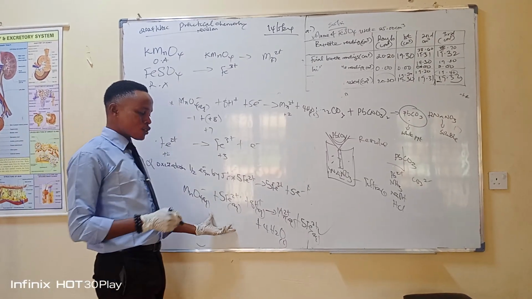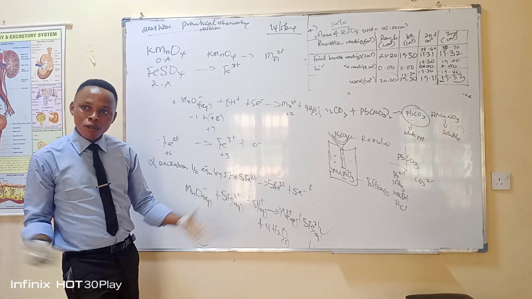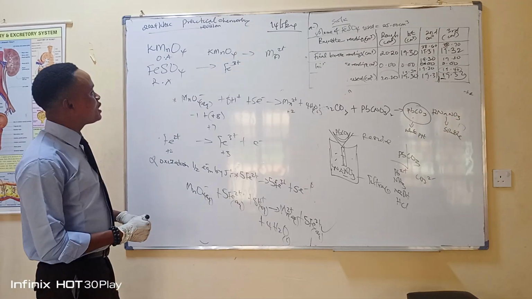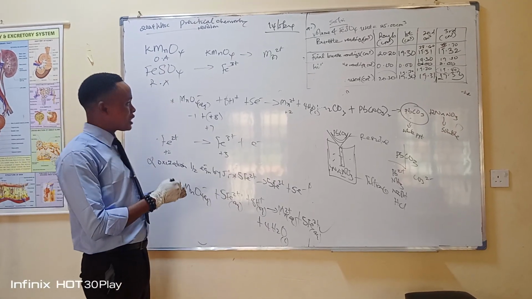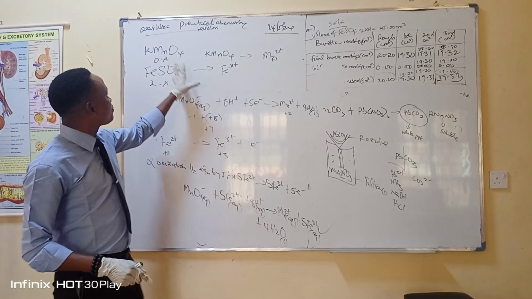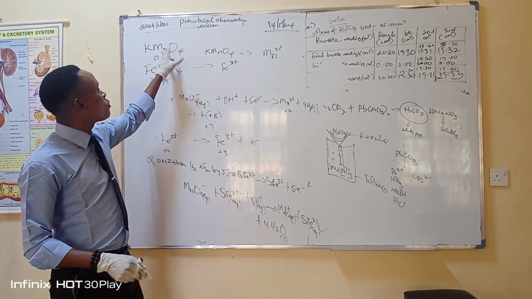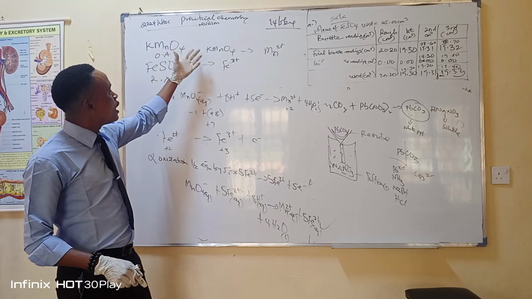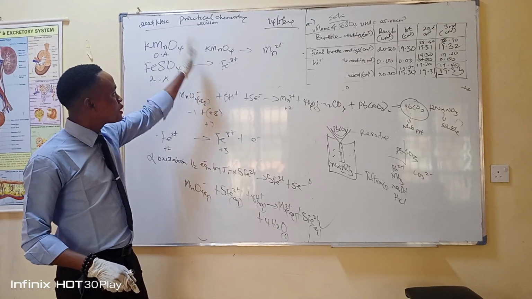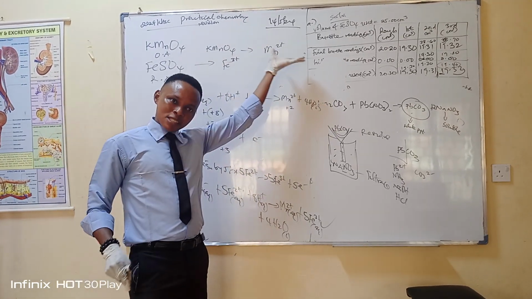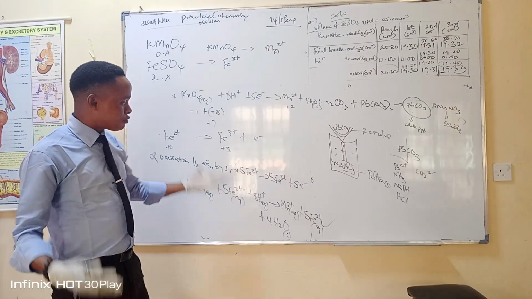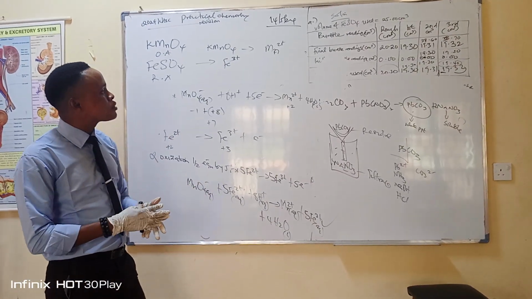This is the equation of reaction we are expecting from WAEC, or we might be given the equation of reaction that involves potassium tetraoxomanganate 7 and iron 2 sulfate plus sulfuric acid. If that equation comes, we will know how to calculate.